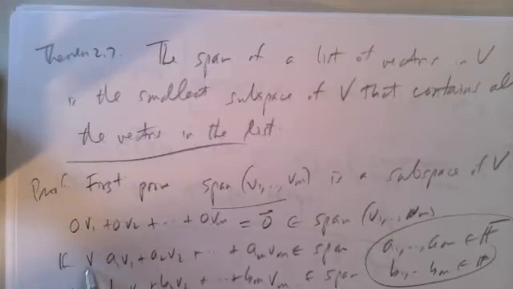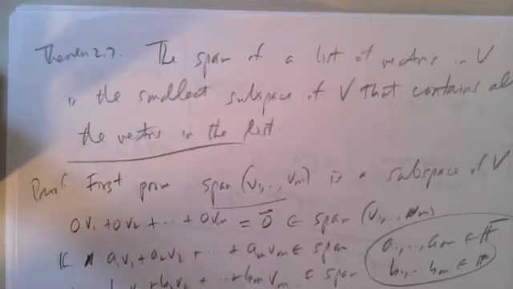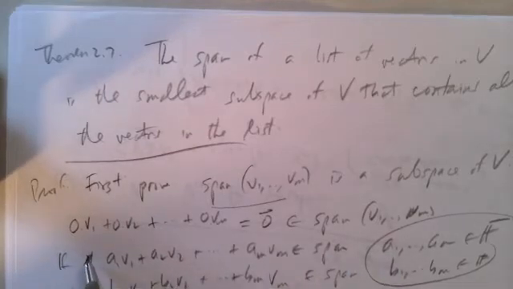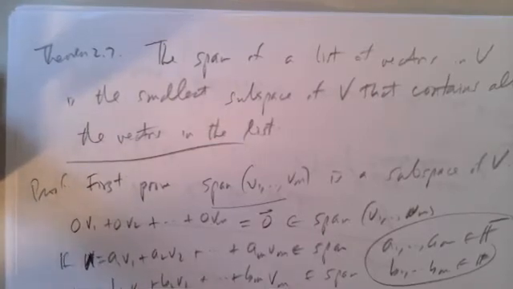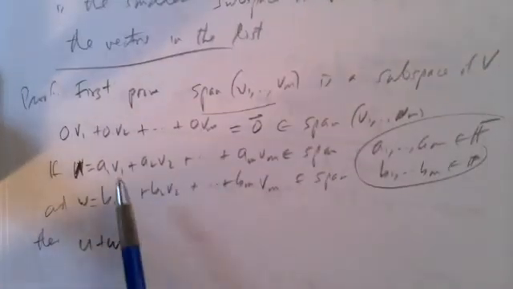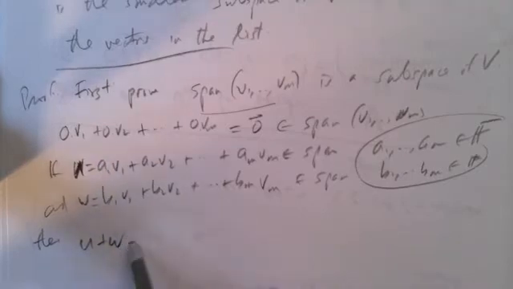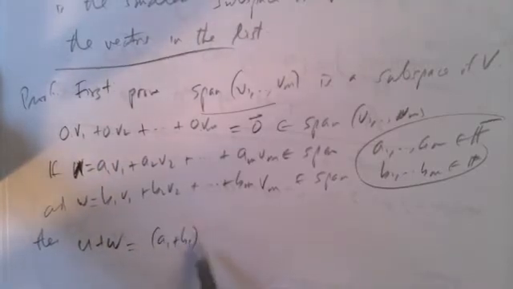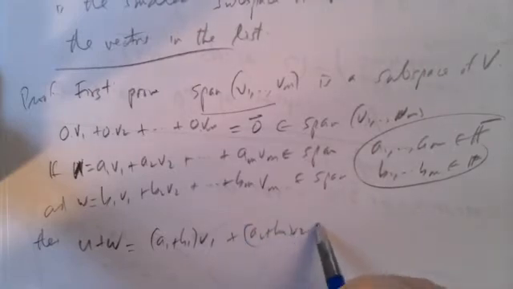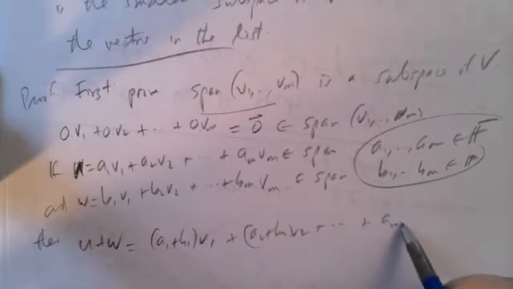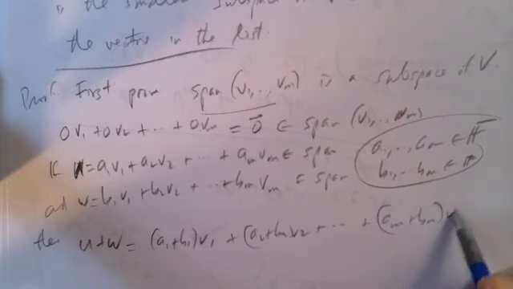I'll call these u and w. Then the sum, u plus w, if I add these, I get A1 plus B1 times V1, A2 plus B2 times V2, up to A sub m plus B sub m times V sub m.